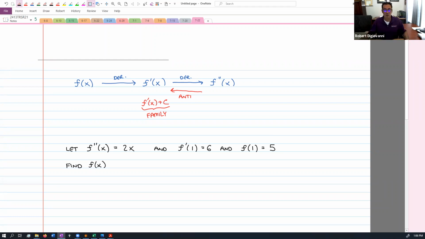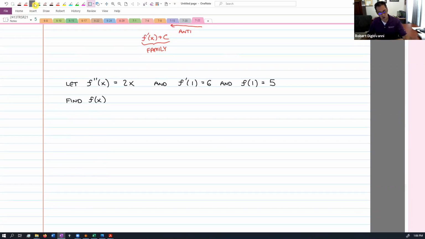Let's try and visualize what we're being asked to do. We're starting here with the second derivative, and we're going to go backwards to find its antiderivative, which will give us a family.